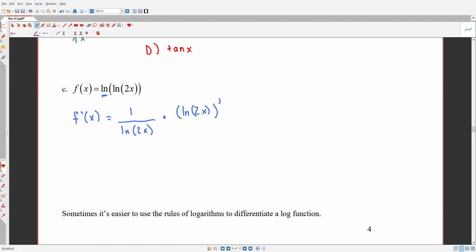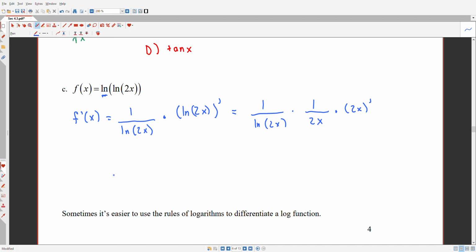Okay, so we're still not done taking a derivative, so now I still have that 1 over log of 2x. But now, what's the derivative of the natural log of 2x? Well, that should be 1 over 2x times the derivative of 2x.